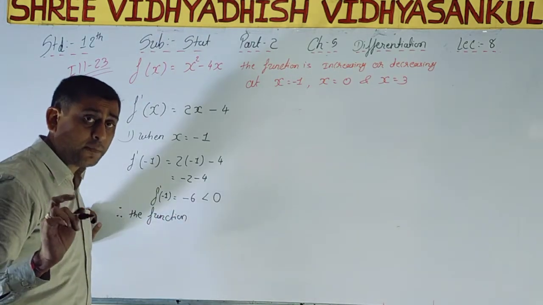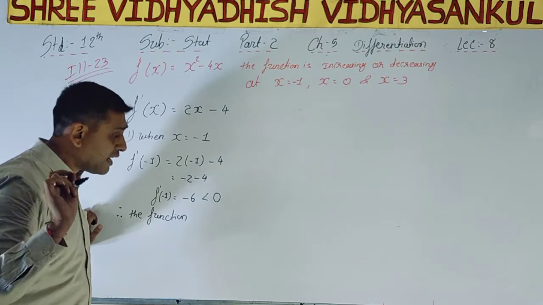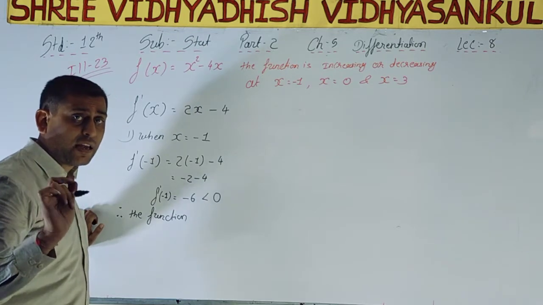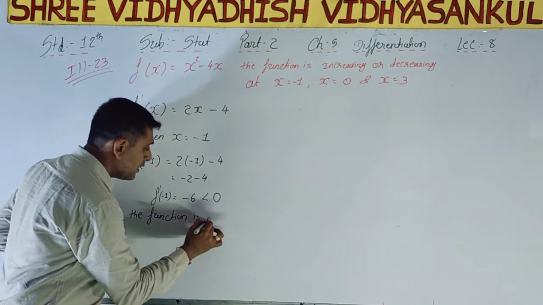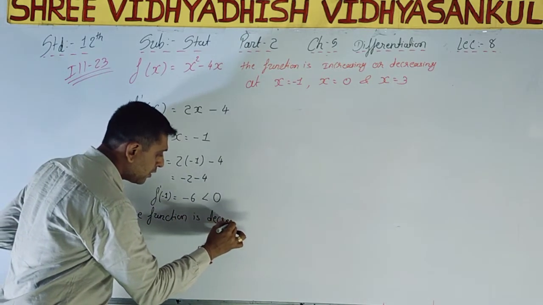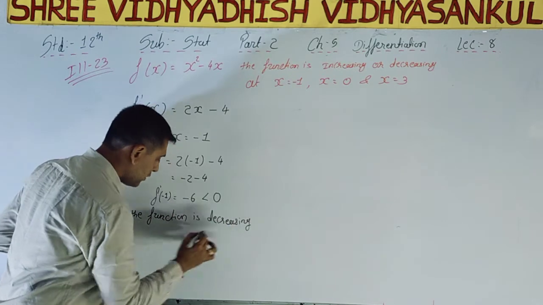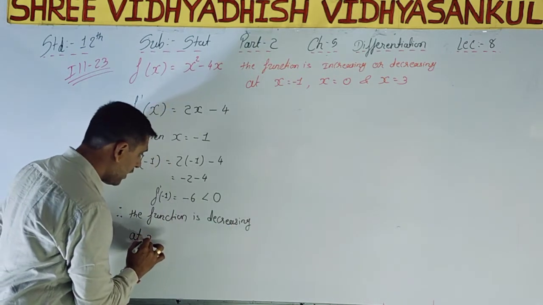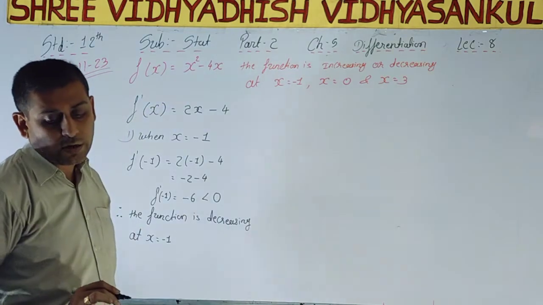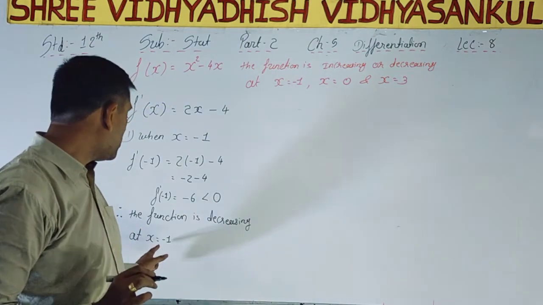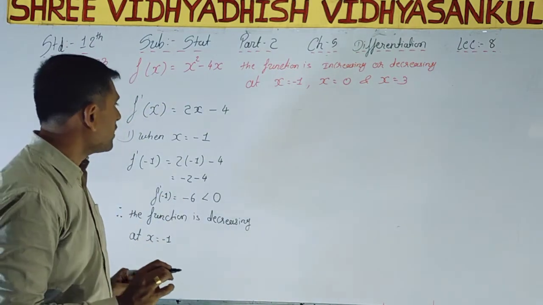Increasing or decreasing? The answer is negative. That's why we can say the function is decreasing at x is equal to minus 1. The function is decreasing at x is equal to minus 1. This is your first answer.